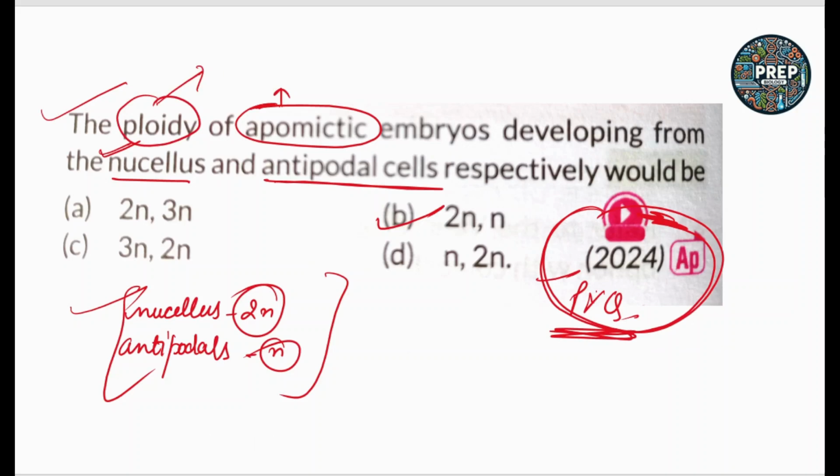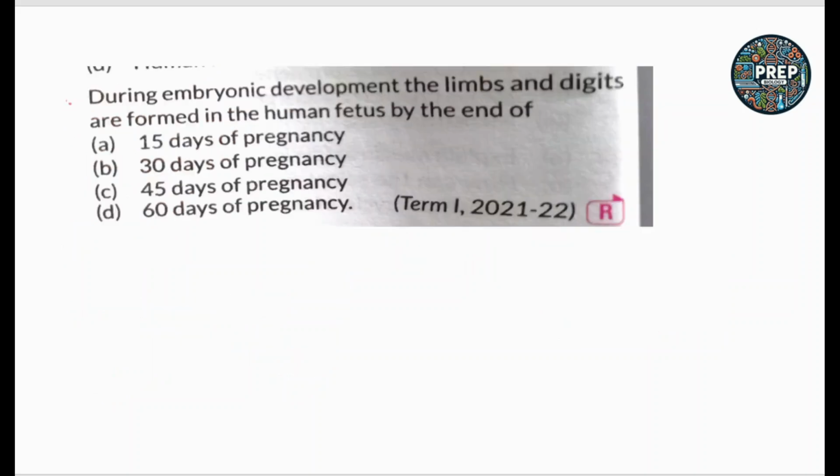Okay. Next is, during embryonic development, the limbs and digits are formed in the human fetus by the end of. So during pregnancy, in which period are the limbs and digits formed? The answer of this question is 60 days of pregnancy.